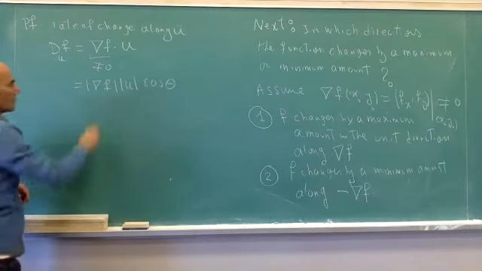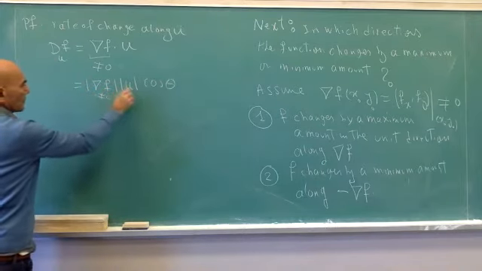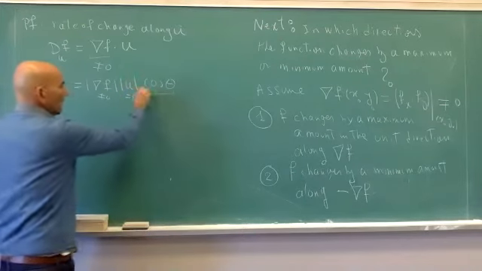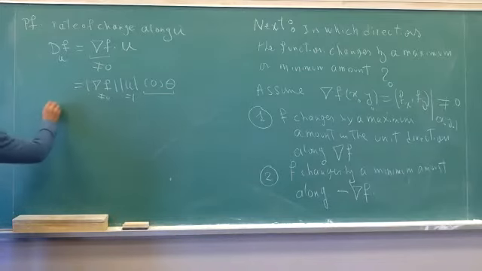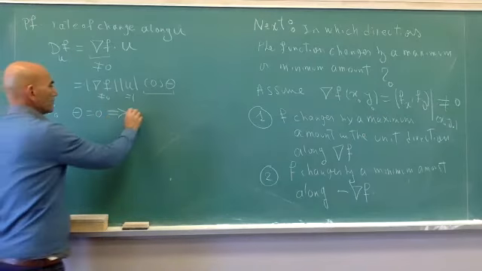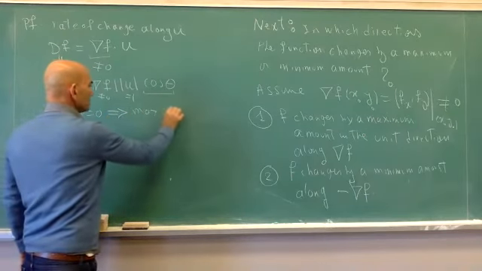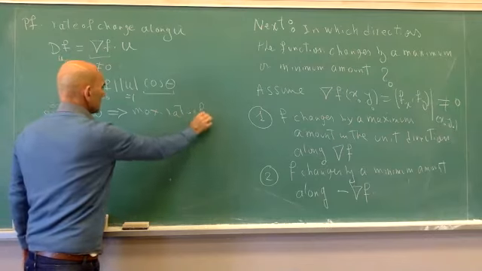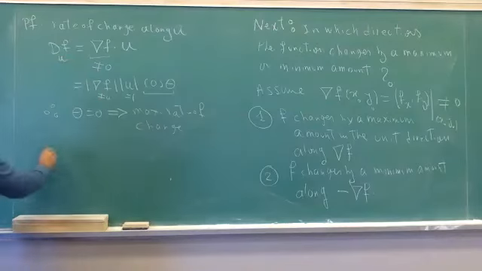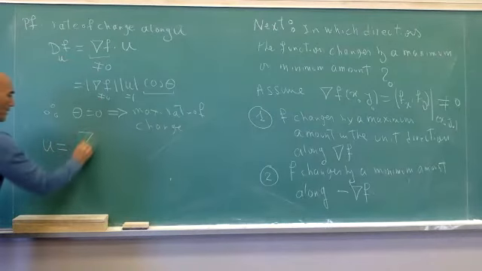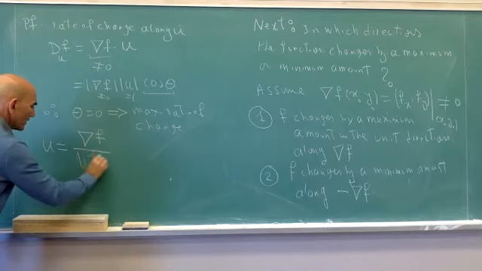The gradient length is different from 0, and the length of u is equal to 1. So being maximum or minimum just depends on cosine of theta taking its max or min values. And for that, theta equal to 0 is the maximum rate of change. Then u is equal to the gradient of f divided by its length.